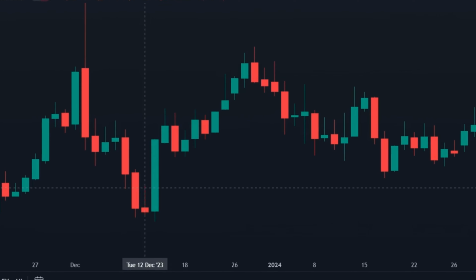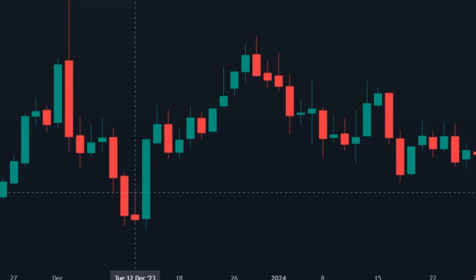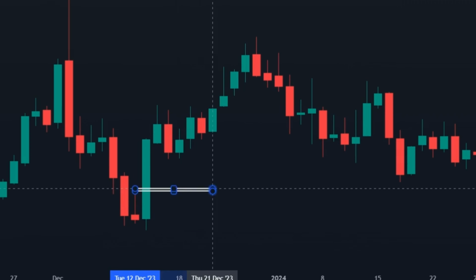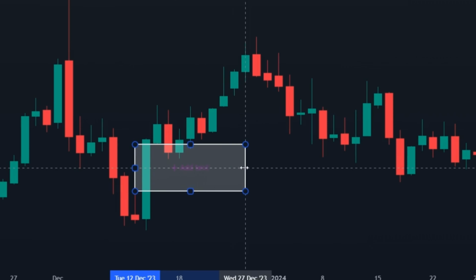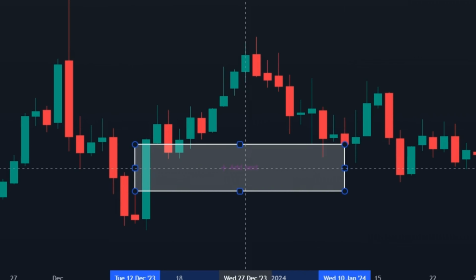From this point, I mean the highest point or upper shadow of the first candle, we will draw it till the lower shadow or lowest point of the third candle, I mean this point. Well, this is our FVG. Let me add the FVG.